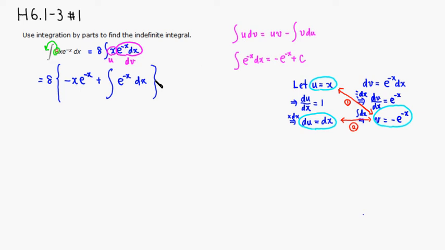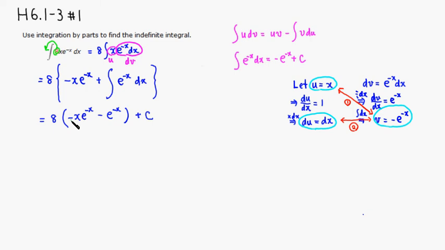Then we can evaluate this a little bit further. It's 8 times negative x e to the negative x. The antiderivative of this guy is negative e to the negative x, then plus some constant c. If you want, you can factor out the negative sign and the e to the negative x.